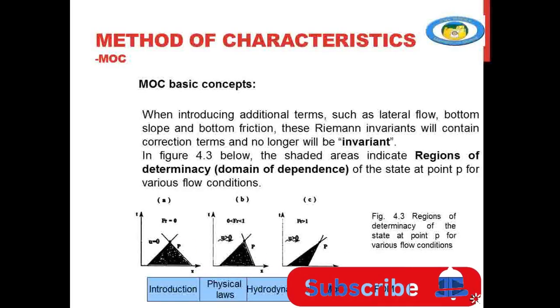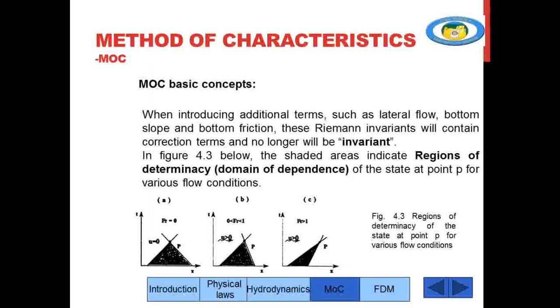So at point P, there would be influence from upstream and downstream for still water. In figure 4.3, that's the case for still water. The shaded area shows you the region of dependence. So the flow characteristics at P would depend on the shaded area, in figures A, B, and C.